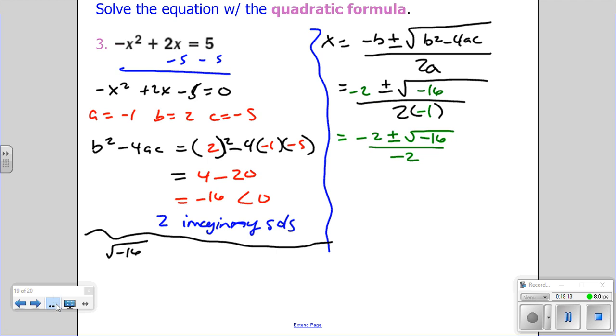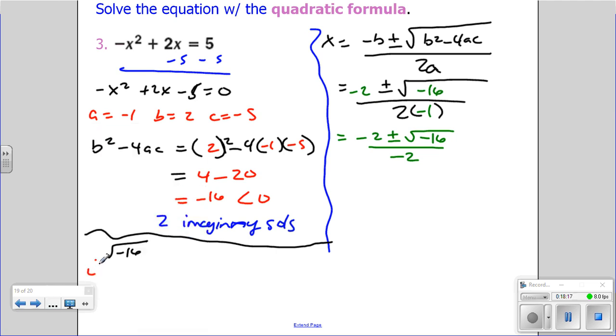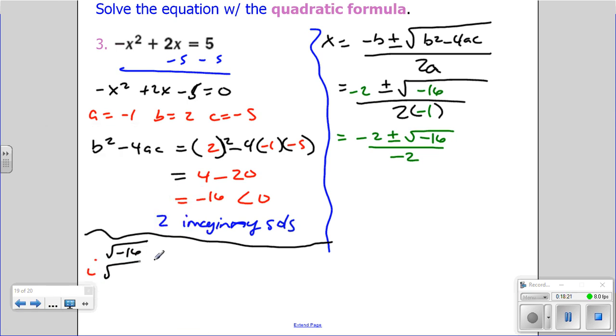So off to the side, let's simplify this. The first thing we immediately do when you have a negative number is bring i out in front. That way, it's now positive. With i out in front, you can now take the square root. And it's a perfect square, so the square root of 16 is 4.